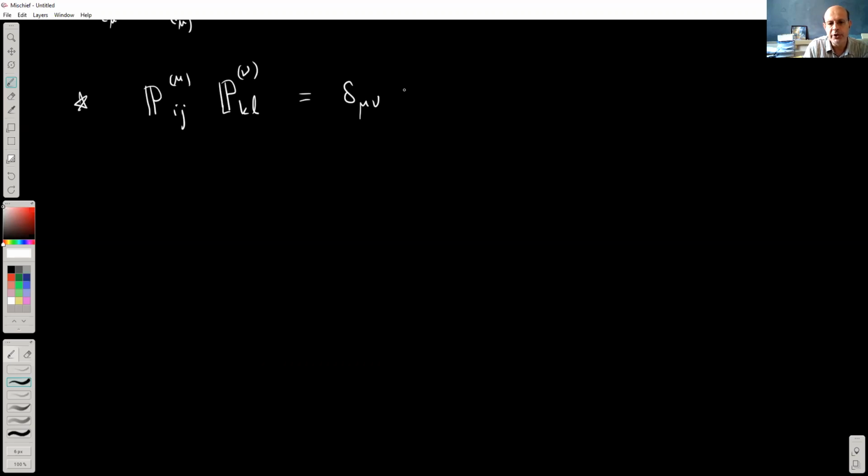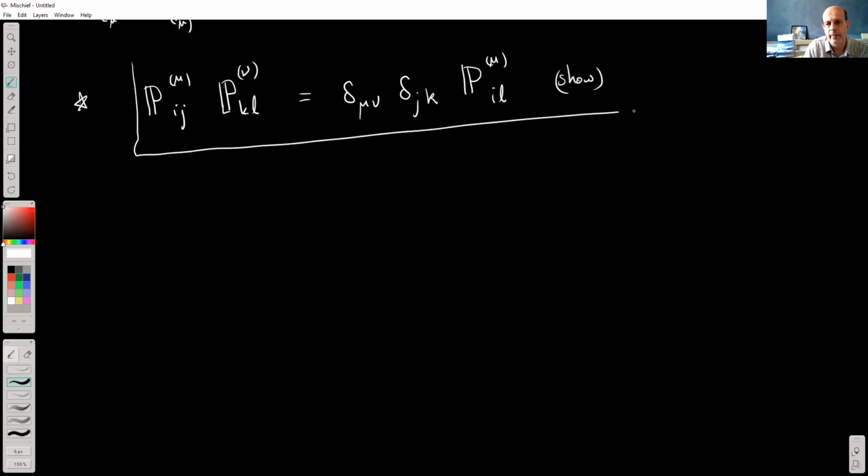The product is also equal to 0 if J is different than K. So there's a delta JK in here. And therefore P mu of IL, right? I'm going to ask you to show this one as well. So interestingly, we are going to use the orthogonality property of the matrix elements of the irreducible representations here. But I don't want to go into this again.